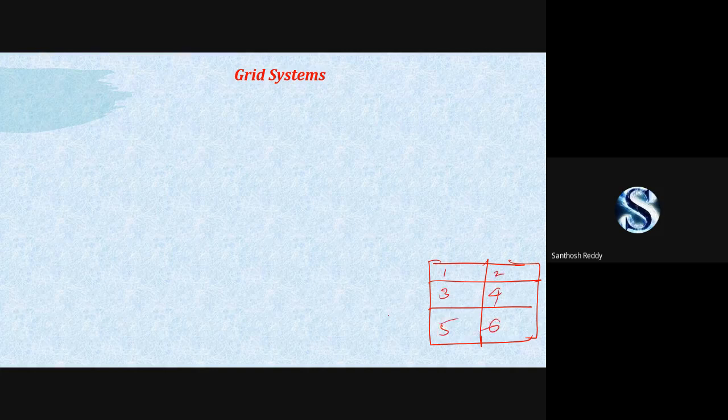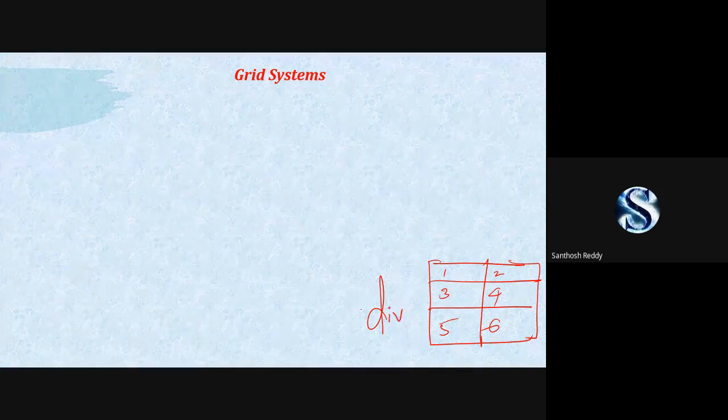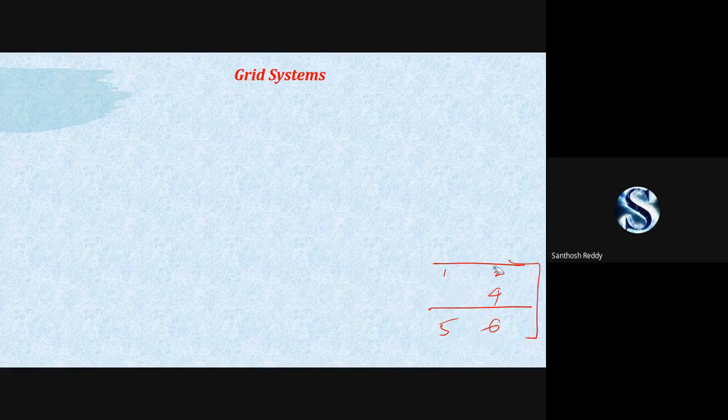We are developing the grid system based on the tag known as the div tag. We have smart things to develop your grid system, but I'm explaining for you people only with the div tag.